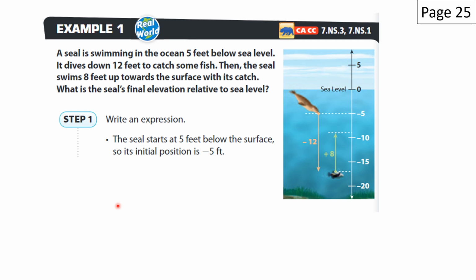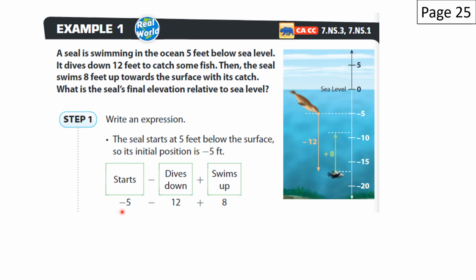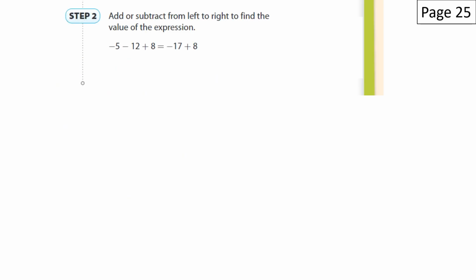It starts at 5 below, so that's negative 5, and dives down, so you subtract 12, and then it goes up, so you do the opposite of going down. Going up means you're going to add 8. And now we have to actually work that problem out. Negative 5 minus 12 is negative 17.